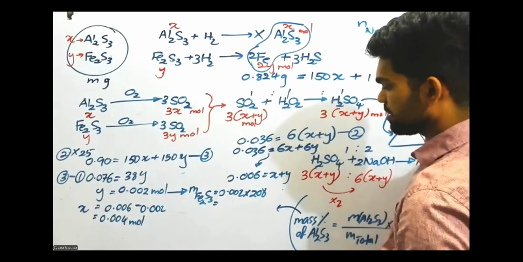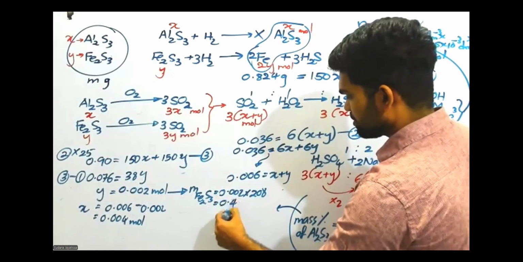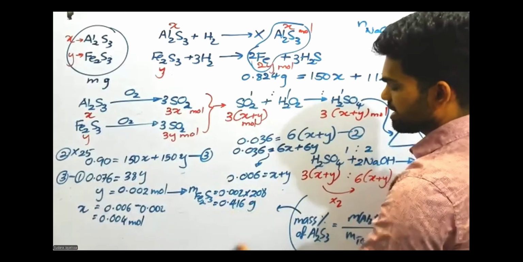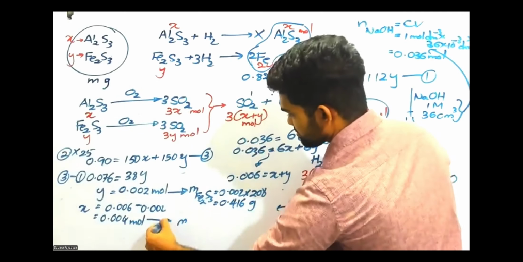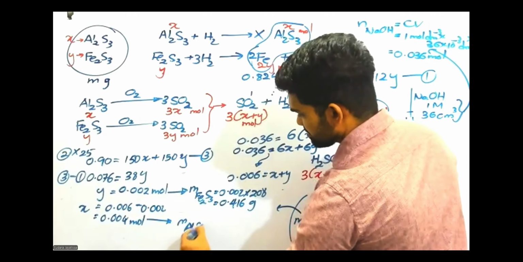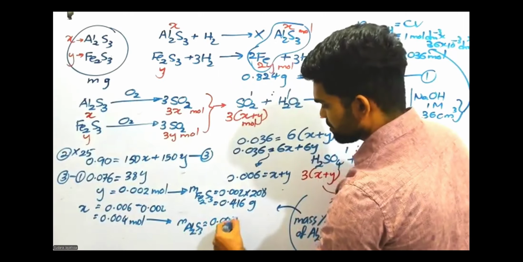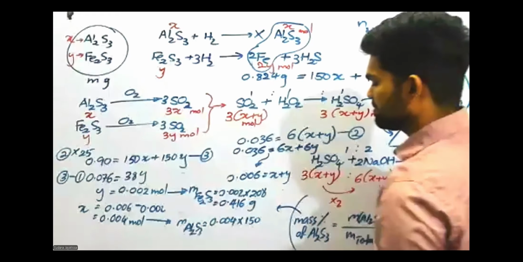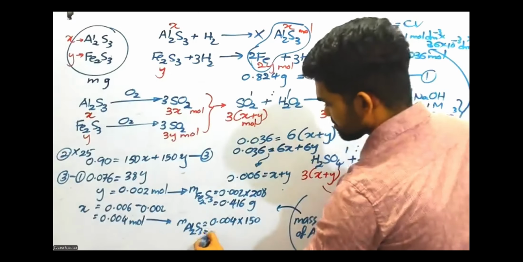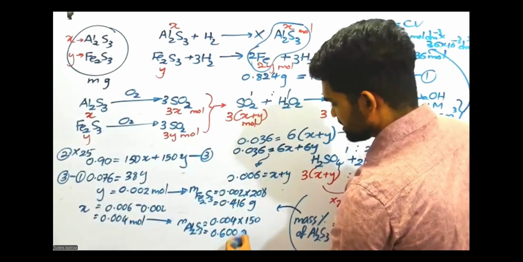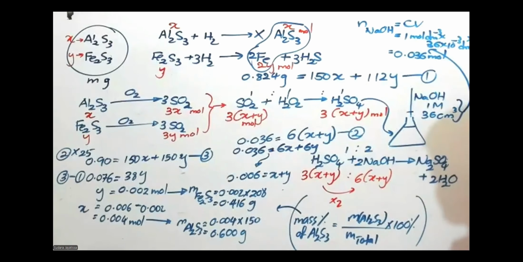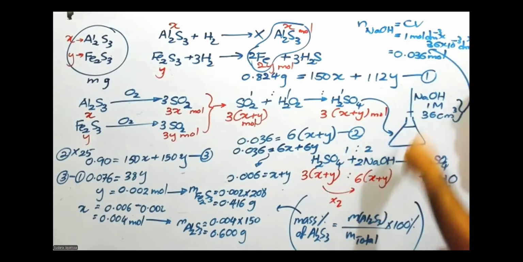So it's going to be 0.416 grams. And the other one is the mass of Al2S3. Just multiply 0.004 by 150. So 0.600 grams. Then we can substitute here and do the simplification. Only the space problem is there anyway. I'll get some space from above.